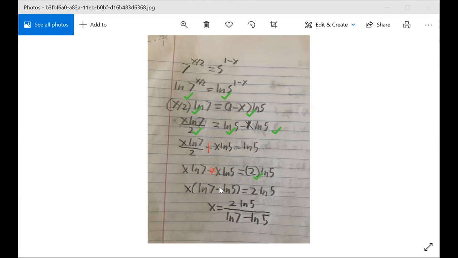And over here, so this is going to be plus 2. And this is good. The factoring is good. Dividing is good. And this piece needs to be modified. Does everybody follow me? So plus 2.